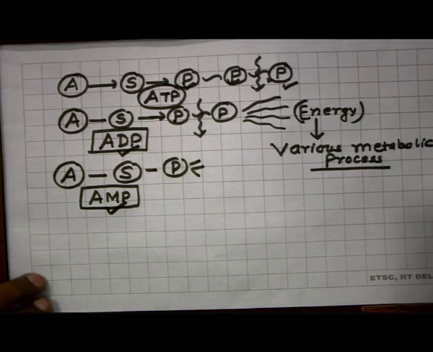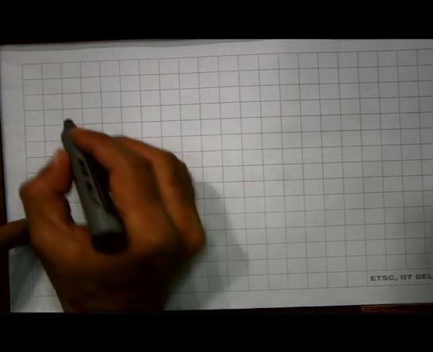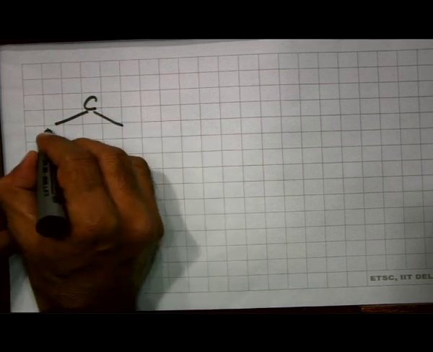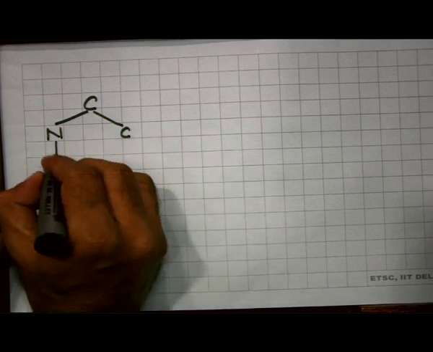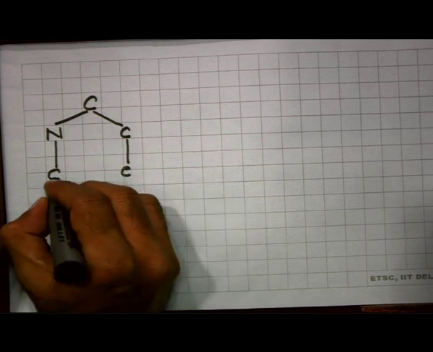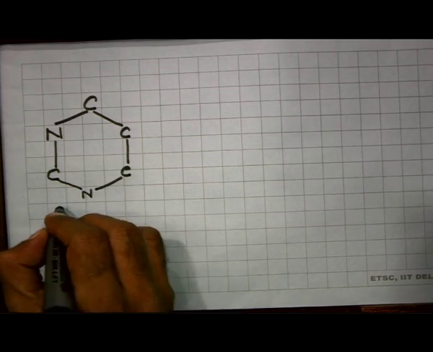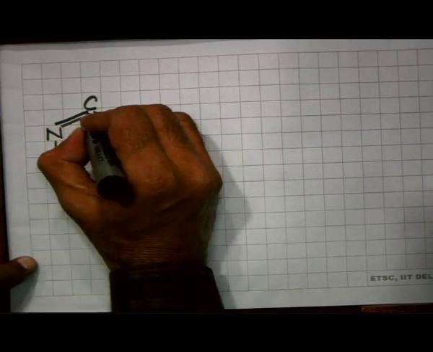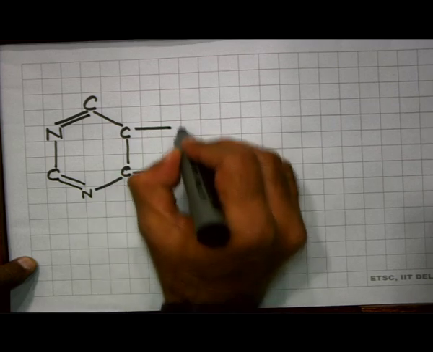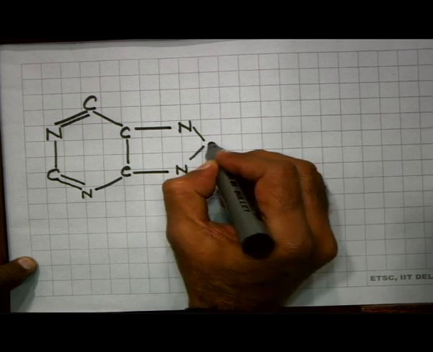Now, the structure of the ATP molecule, as we have already discussed. The adenine is a type of purine which is a 2 ring structure. This one ring is called pyrimidine ring, and the another ring is also attached with the first one.